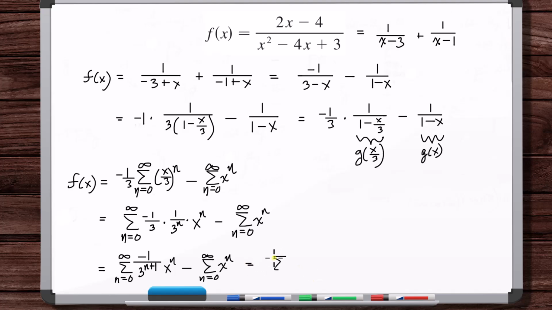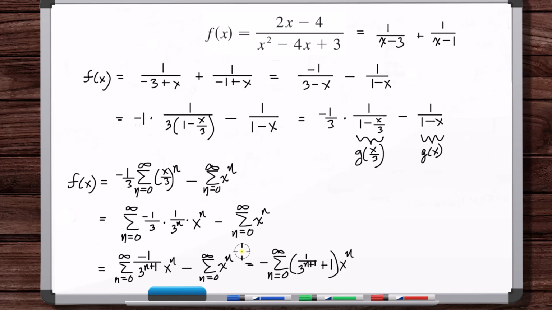So this is, let's take out a minus sign. So you've got 1 over 3 to the n plus 1, x to the n. And I don't think we can do much else with that.